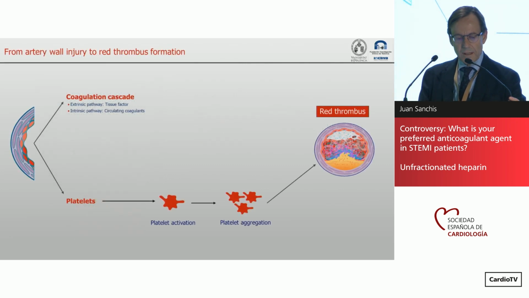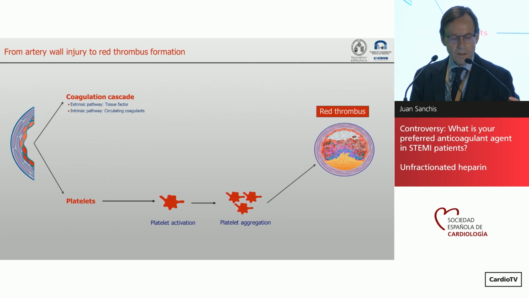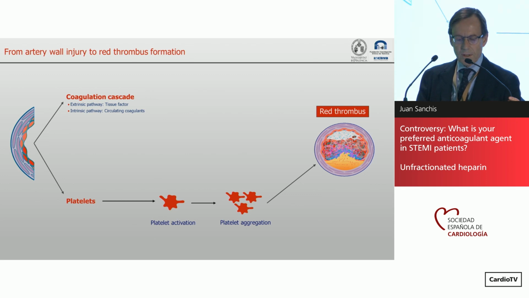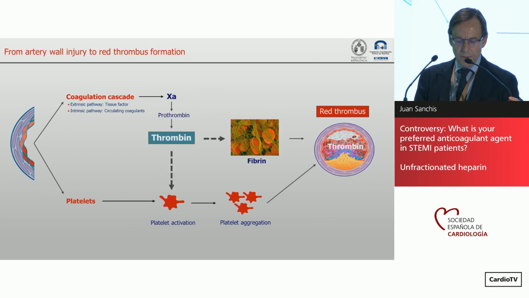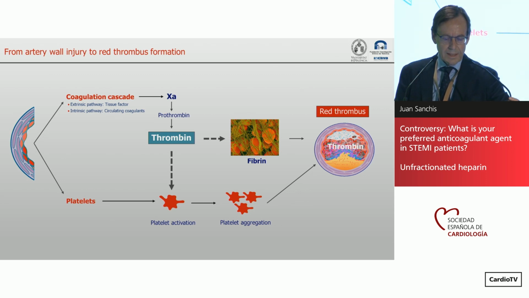This is a simple schema of the mechanisms from artery wall injury to the formation of red thrombus. There are two main pathways. On one hand, platelet activation, and on the other hand, the coagulation cascade. Focusing on the latter, thrombin plays a central role, producing fibrin and fueling platelet activation.